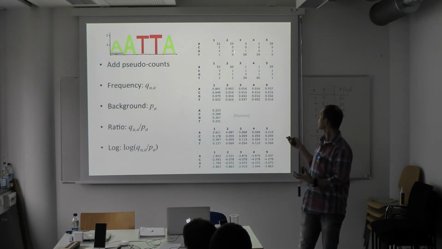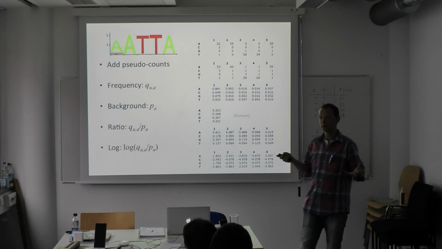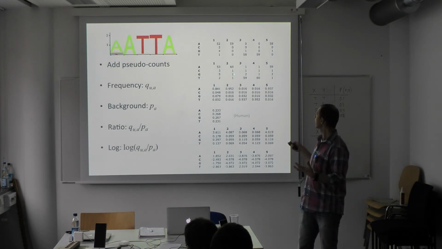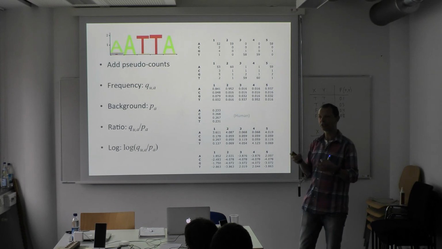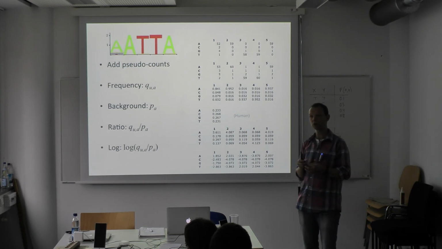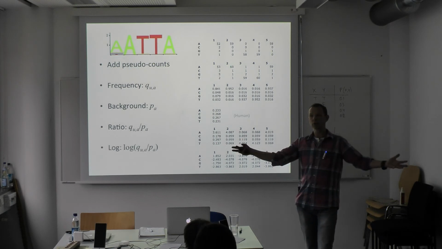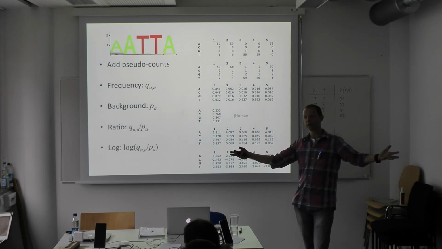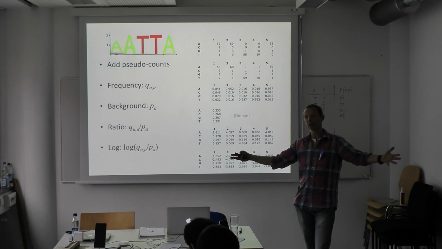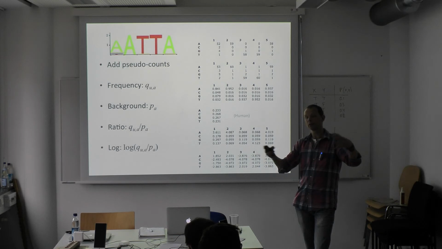So if you think about when we have 0 counts, we're going to have a belief that we see a certain letter just by virtue of that pseudo-count. So if we add 1 to each of them, we would say, let's assume that in the absence of any evidence all letters occur equally, or with equal probability.